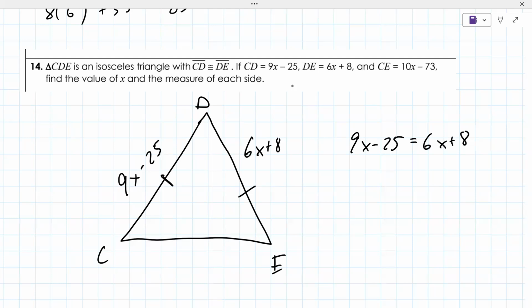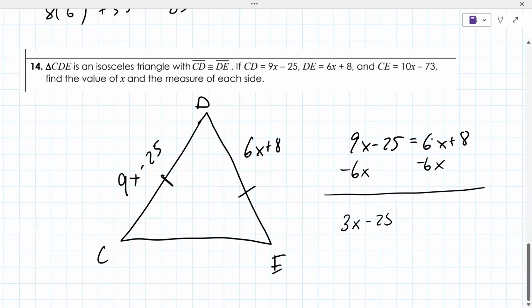Was it an add or subtract? Well, is 6x positive or negative? It's positive, so you undo addition with subtraction. That would be 3x minus 25 equals 8. And from here, we add the 25.